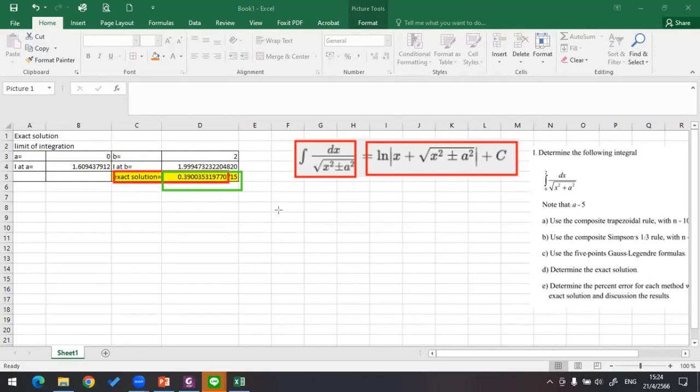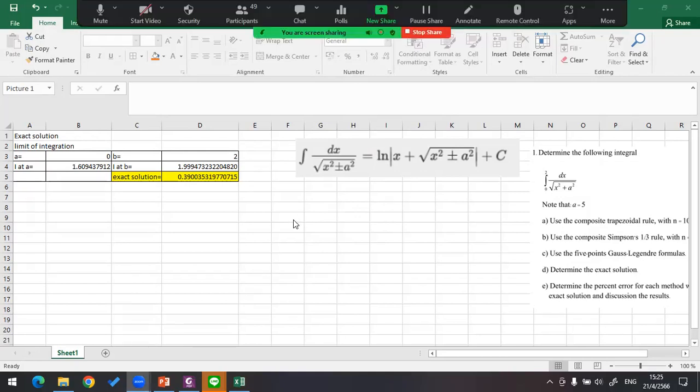If you cannot show me that the result comes from the analytical formula, I will imply that it comes from the calculator function. That is not correct, so be careful. Do not claim the result from the integration function of your calculator as the exact solution.